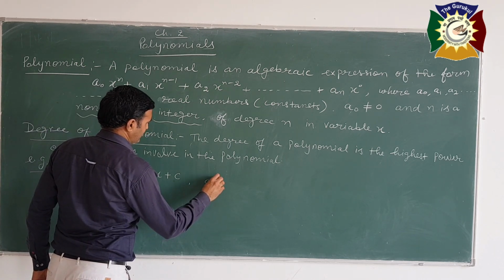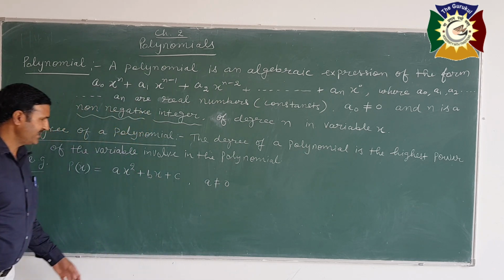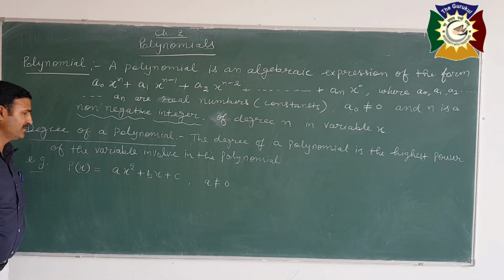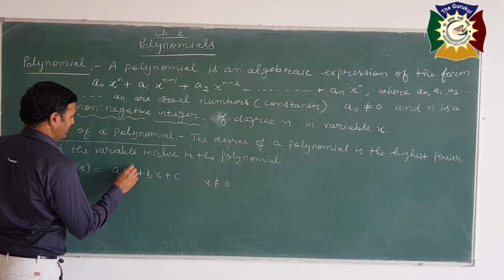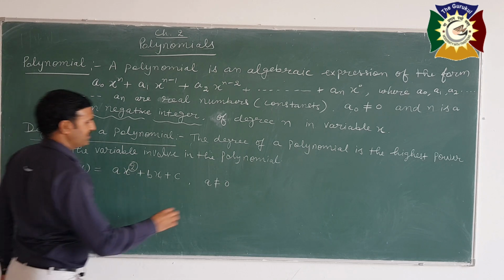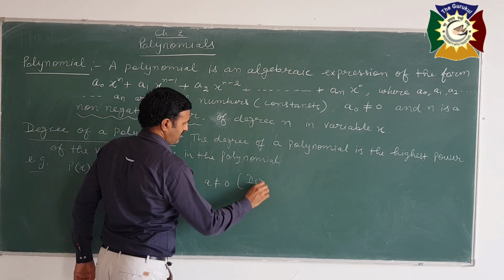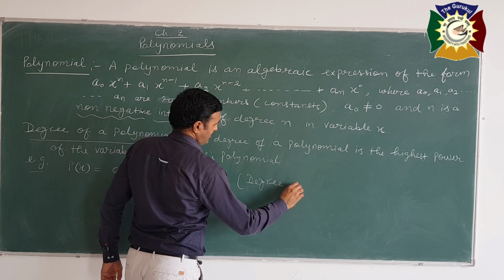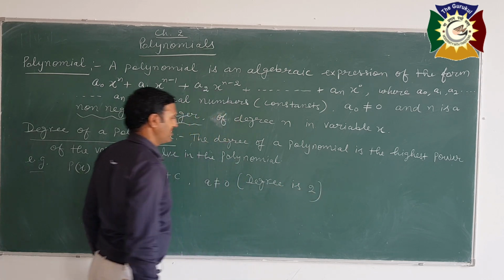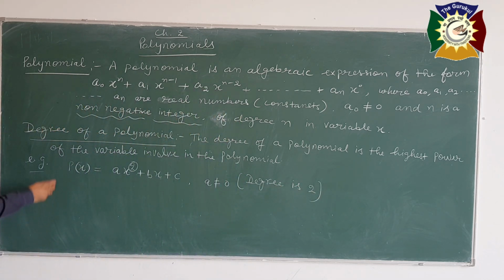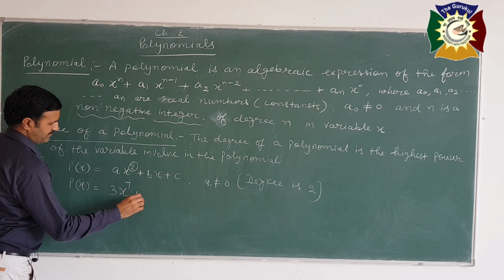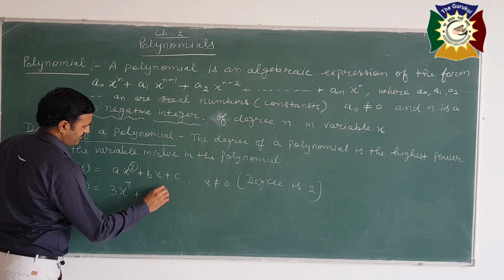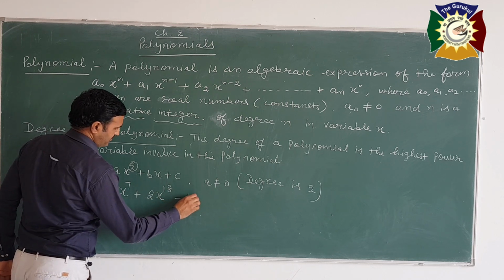If a is non-zero, then the degree of this polynomial is 2, because the highest power of the variable involved in this polynomial is 2, the maximum power is 2. So, the degree is 2 for this particular polynomial.